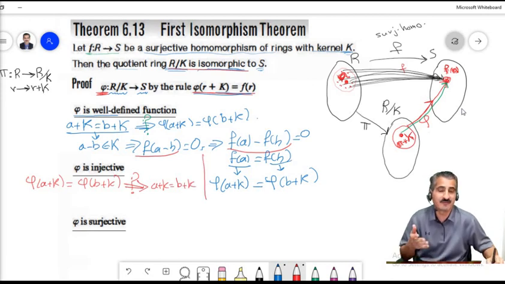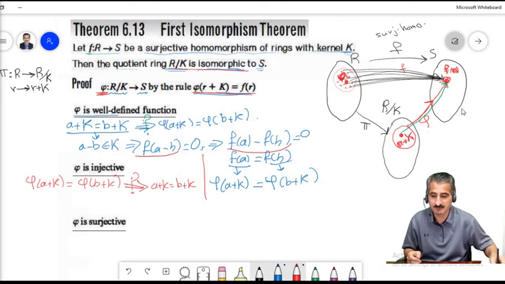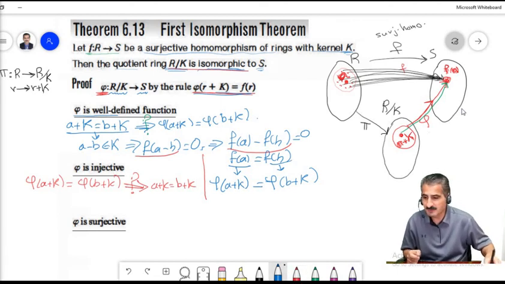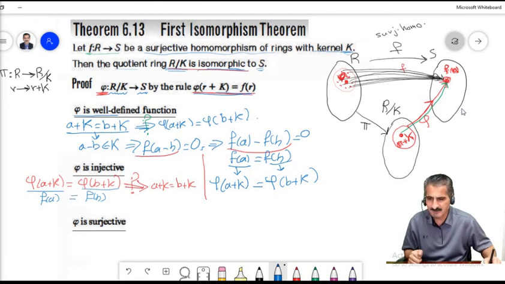If they have the same image, then they are equal. This equals f of a, and this is f of b, and their subtraction is 0.